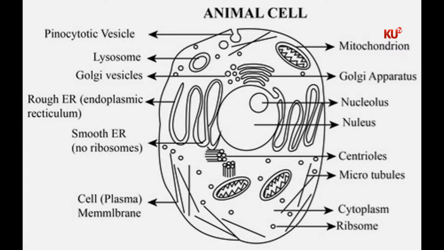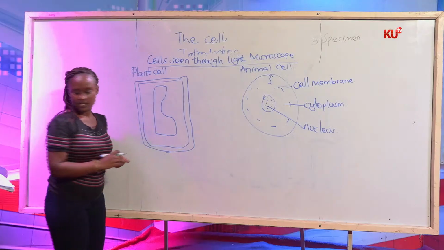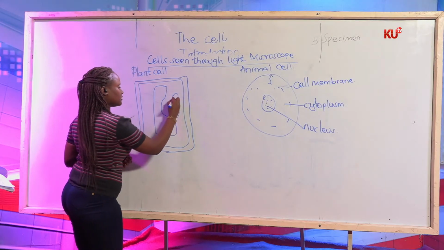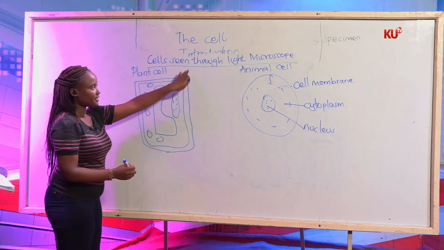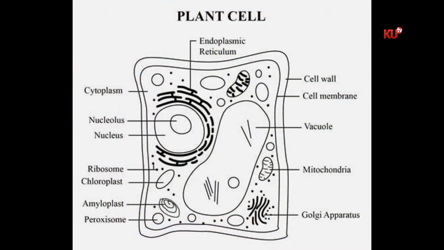And we have the other one, the plant cell. Let me draw here, the plant cell seen through the light microscope. This is the cell wall. This one is the cell membrane.